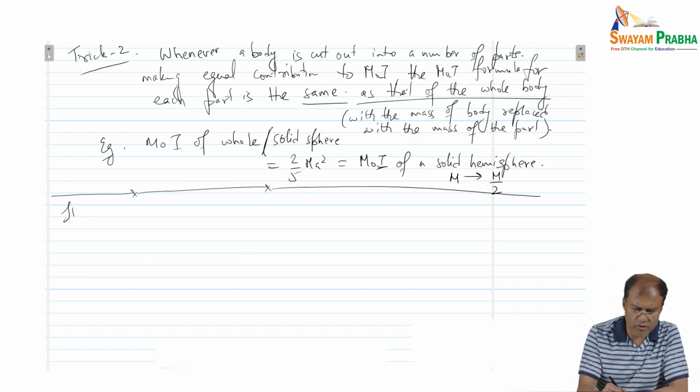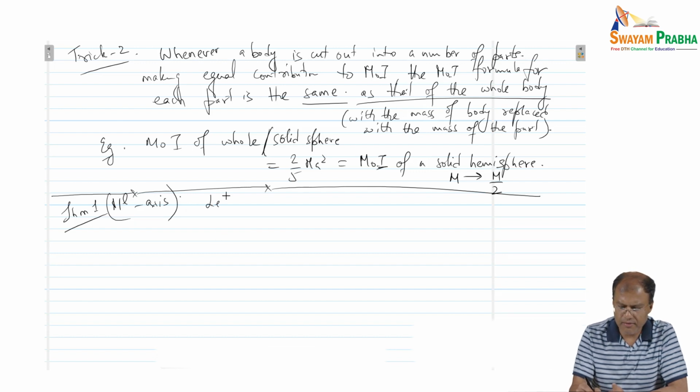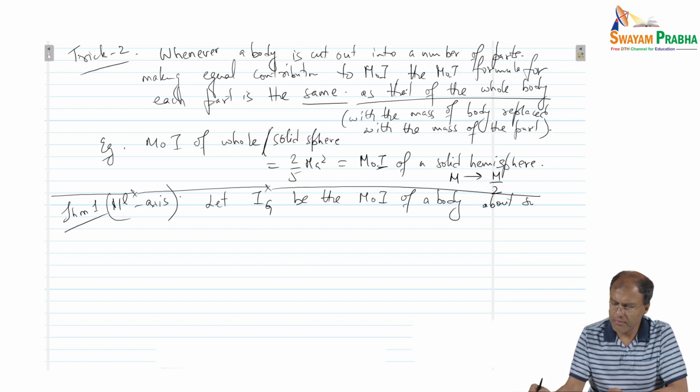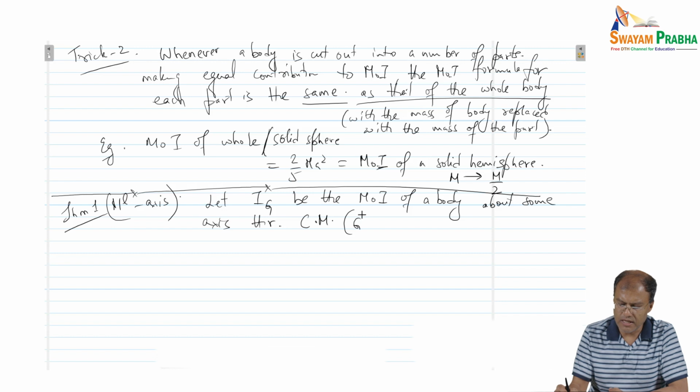So the parallel axis theorem says that let Ig be the moment of inertia of a body about some axis through the center of mass G, right?